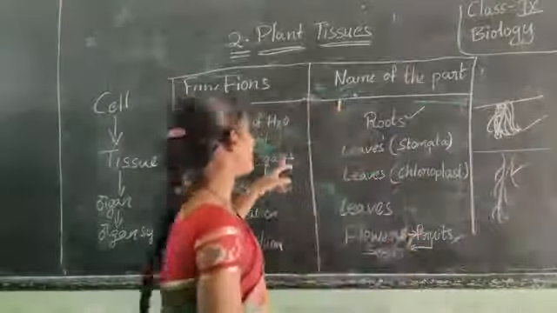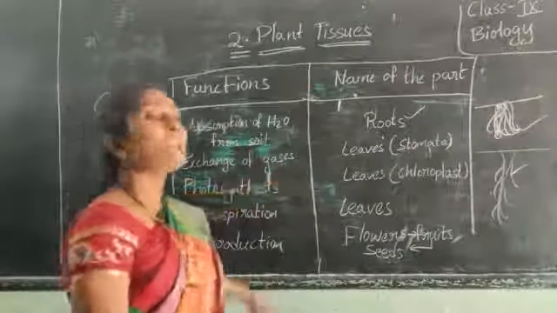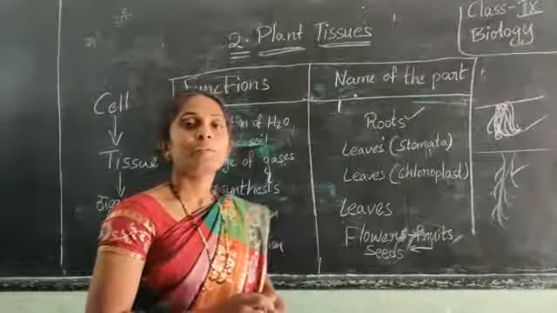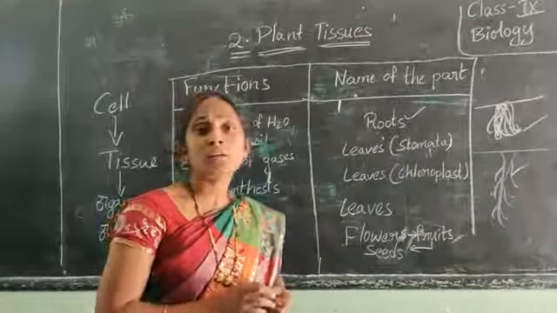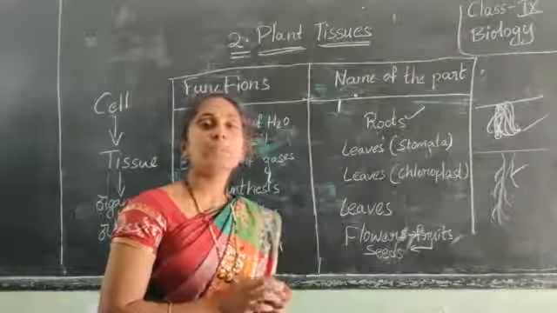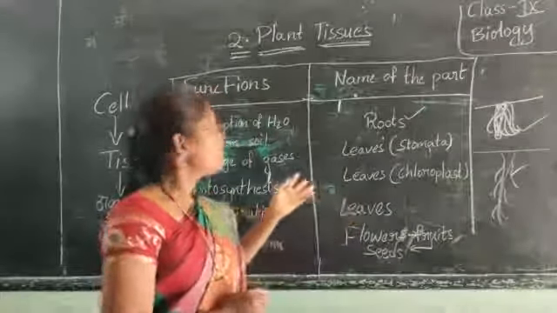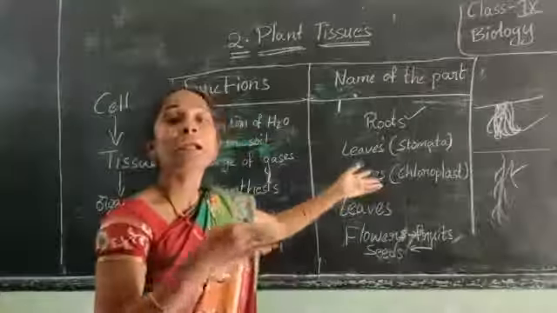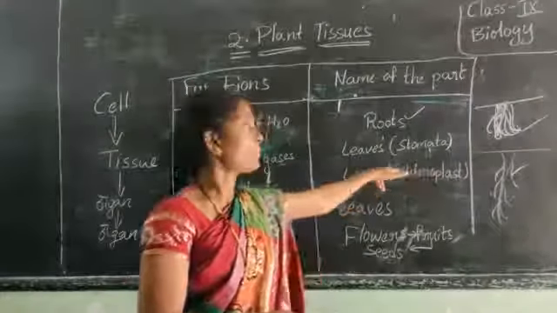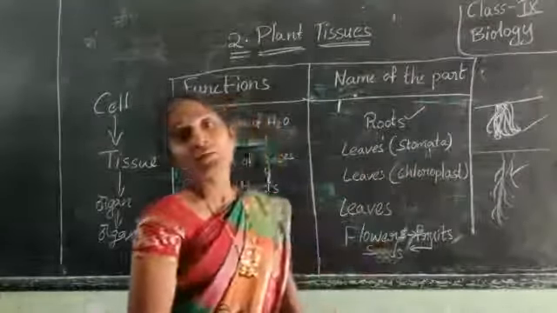And the next one, what is the next function? Exchange of gases. Exchange of gases in the sense, gases in the sense air. Air is a combination of gases now. Nitrogen, then oxygen, carbon dioxide. All the gases are present in the air only. So here, which part of the plant can participate in this function? That is leaves. But in some plants, roots also.